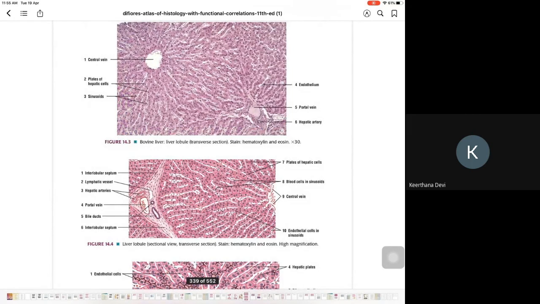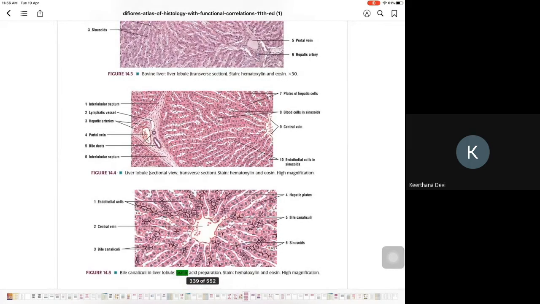14.3, bovine liver lobule, stain hematoxylin and eosin, transverse section, high magnification. One is central vein, next is plates of hepatic cells, 3 is sinusoids, 4 is endothelium, 5 is portal vein, 6 is hepatic artery.